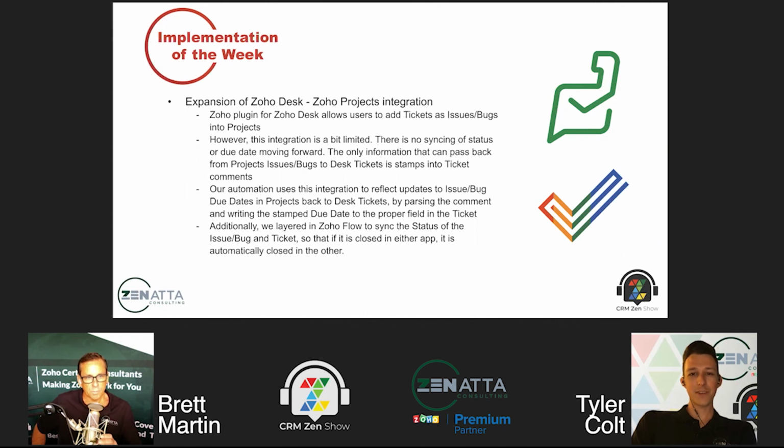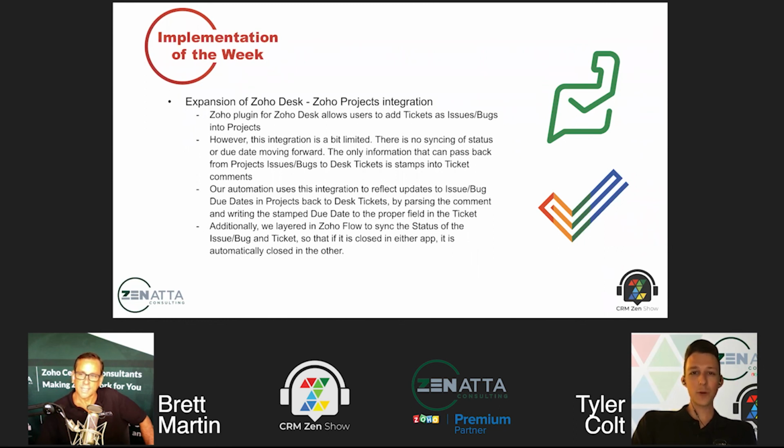If the comment matches certain criteria that we put in to define what type of comment holds a new due date, we parse out all of the text except for the due date, format it into a date-time field, and apply it as the new due date for the ticket. So it's kind of a workaround, as you can't really do it directly with this integration.